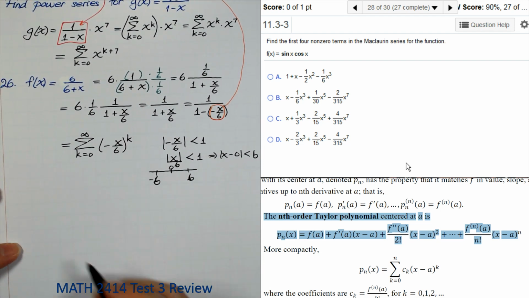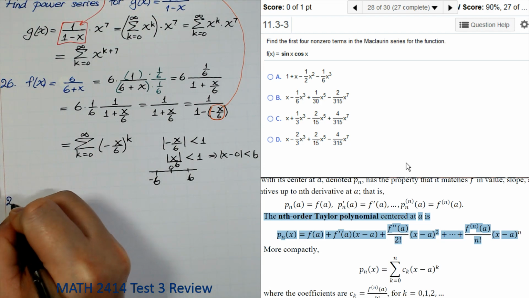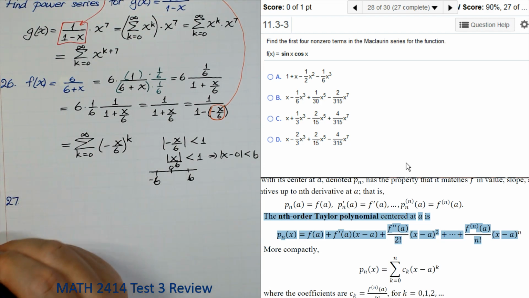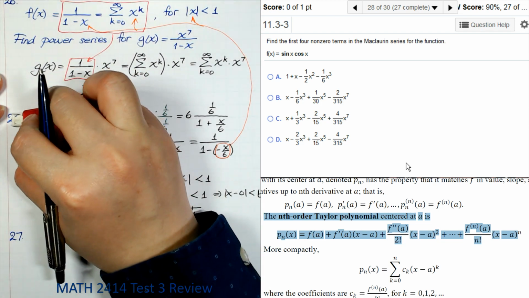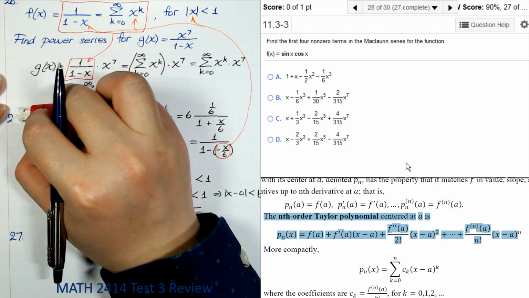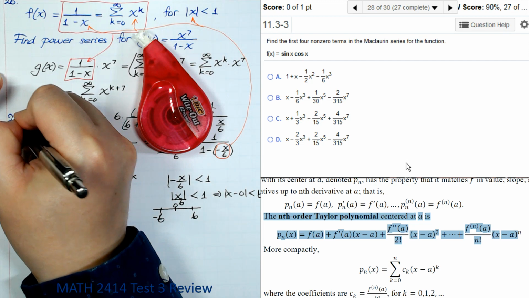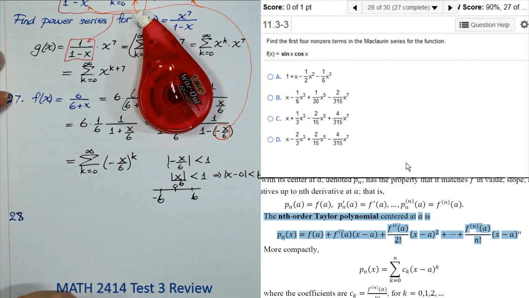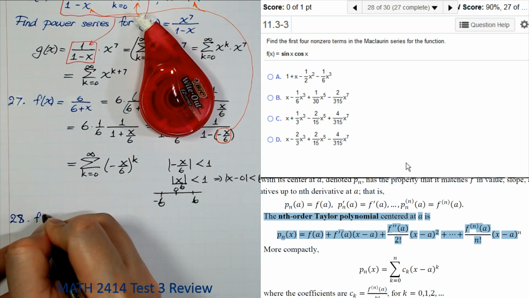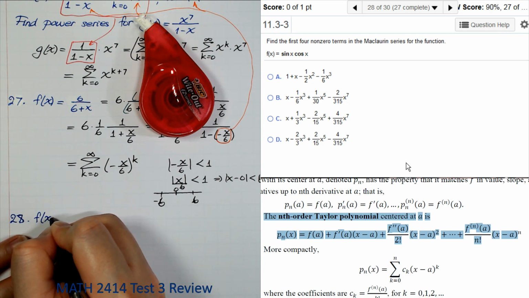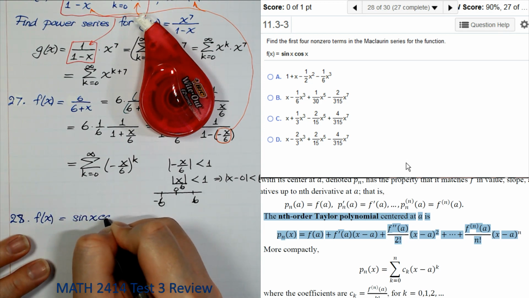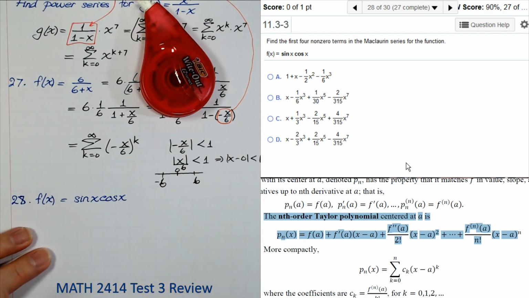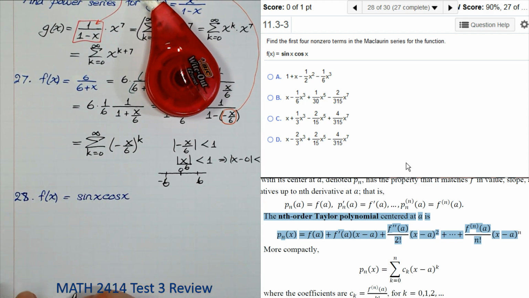I will not do the next problem. Oh, wait, the last one I did was 27. This one is 28. Right, I'm not going to do this, because if you're going to take the derivative of this, it's very complicated.